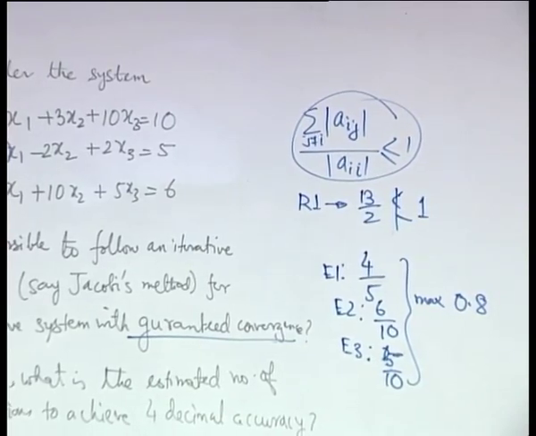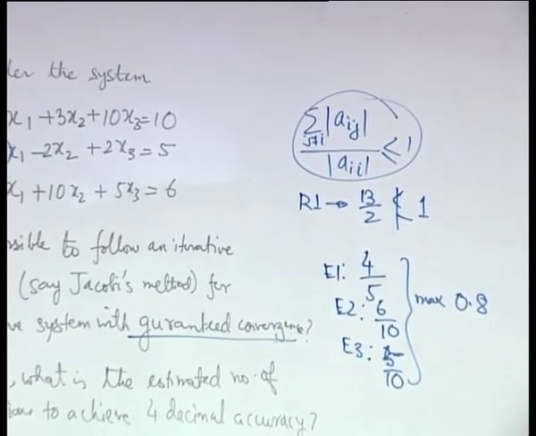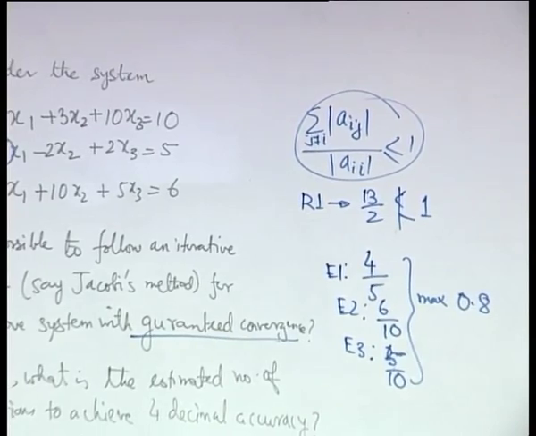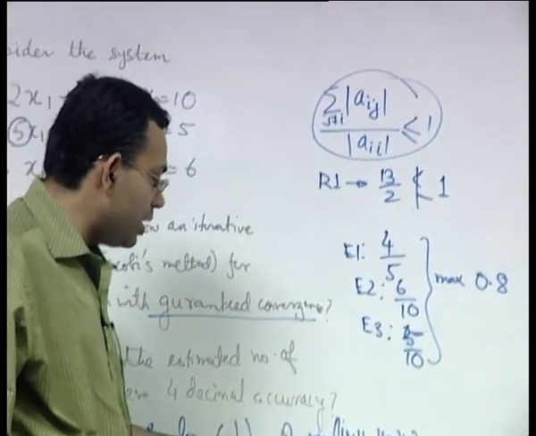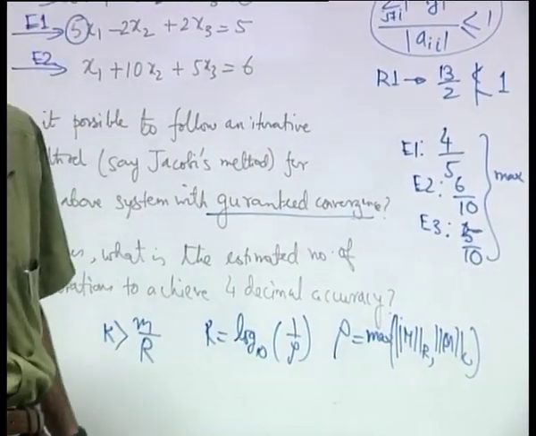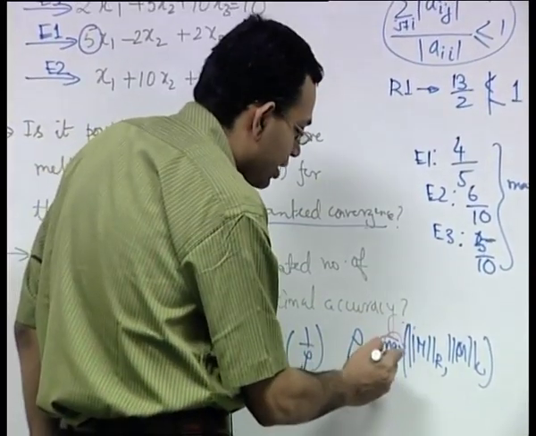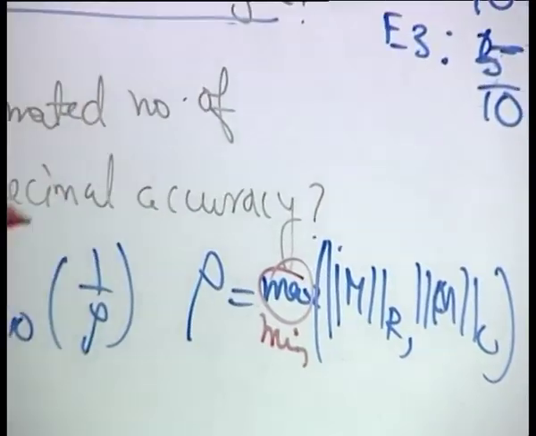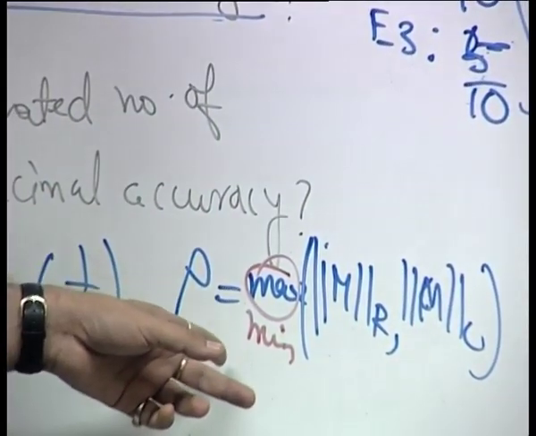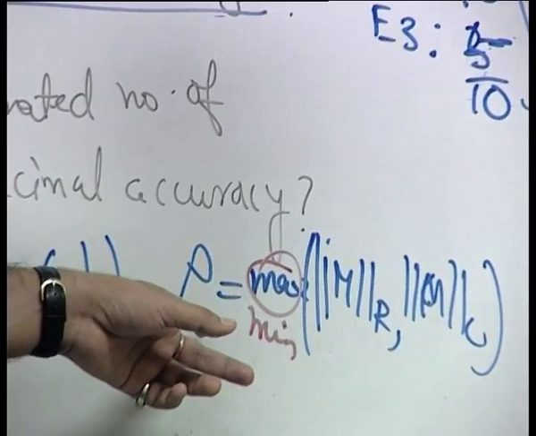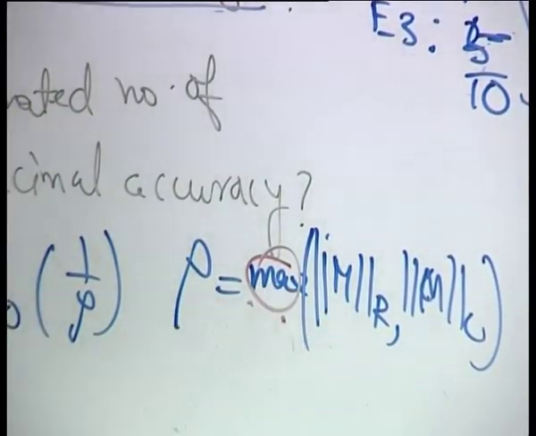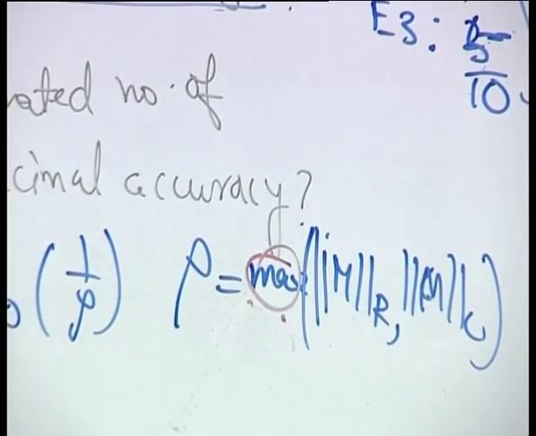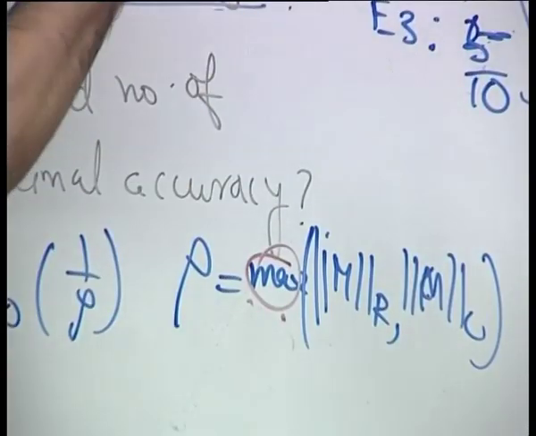Similarly, you can calculate the column sum norm also, and if you want to make a conservative estimate of the number of iterations, you want to make rho as large as possible, not the small one, because a small rho is better anyway.